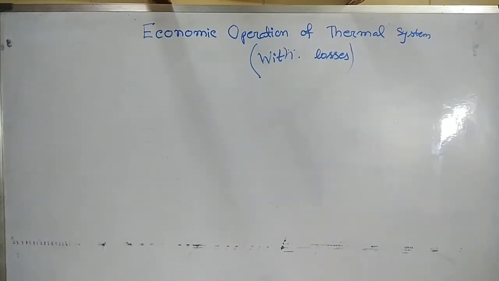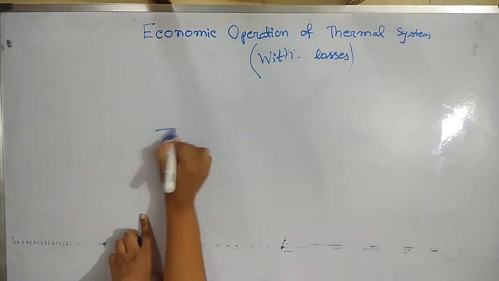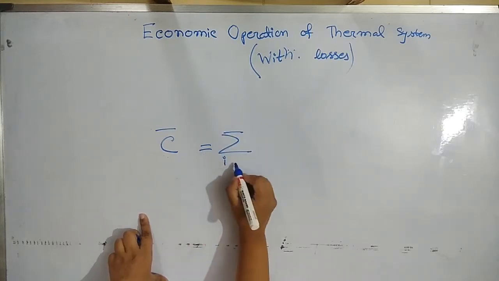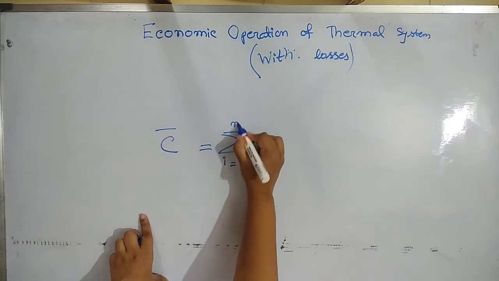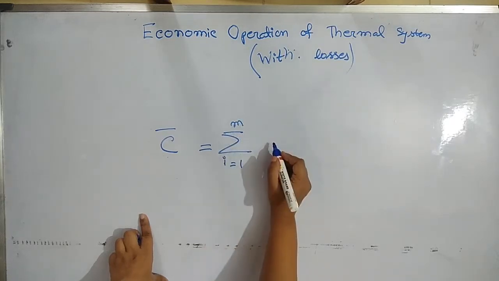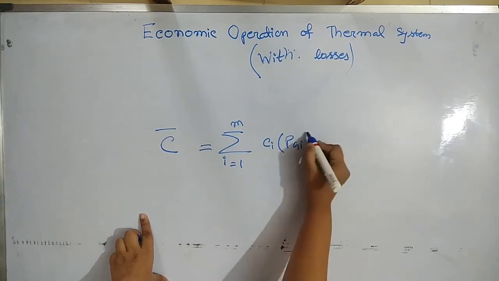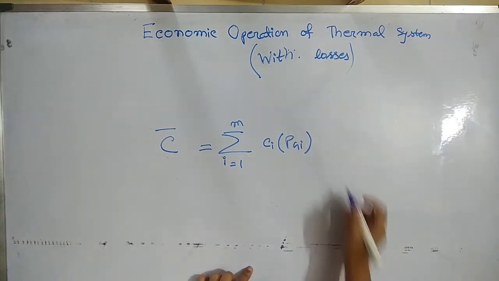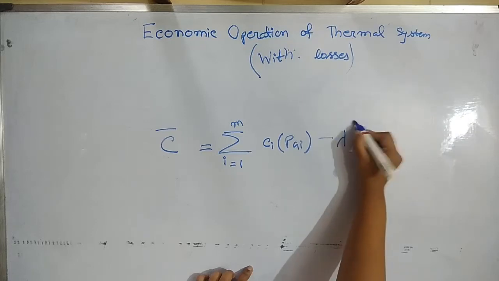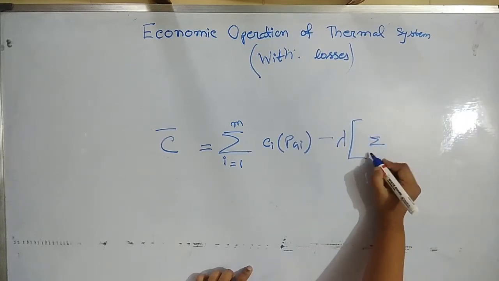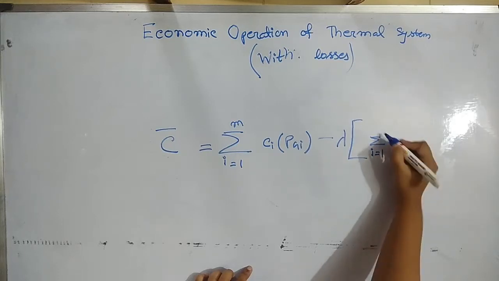Now, to solve the problem, again we have to write the Lagrangian cost function, that is C bar equals the total fuel cost, summation i equals 1 to m of Ci(PGi), minus the Lagrangian multiplier times the constraint.